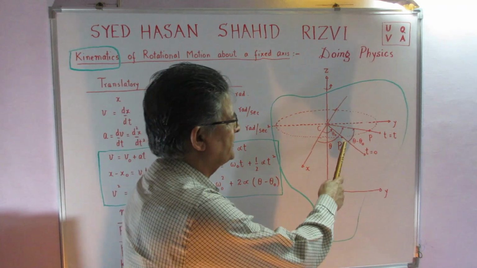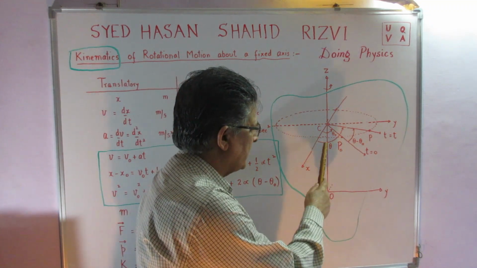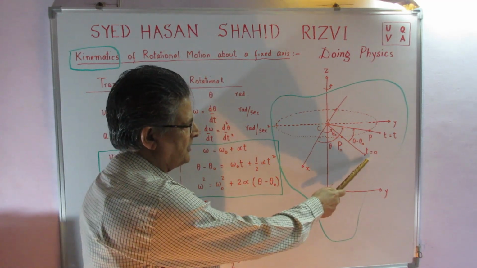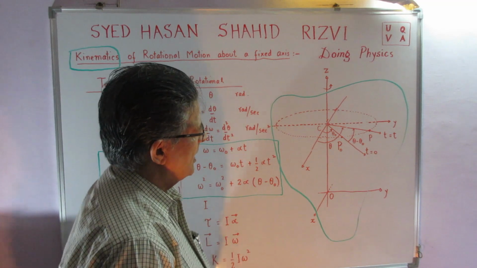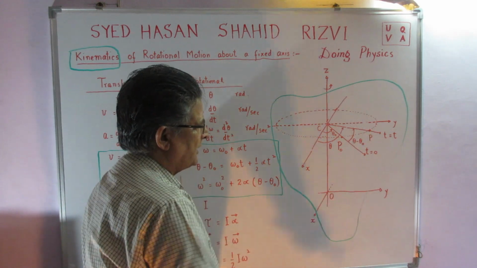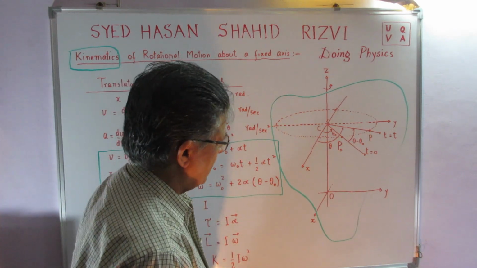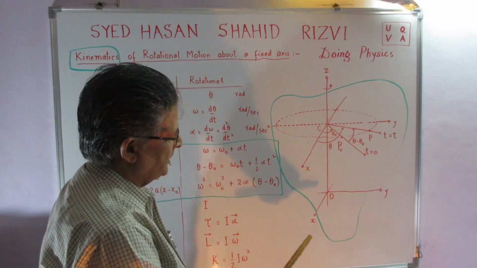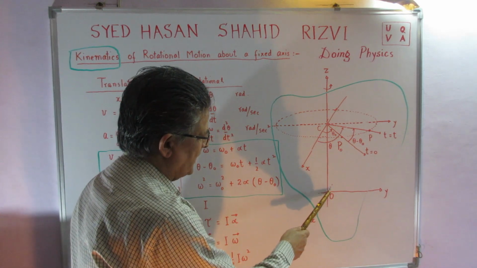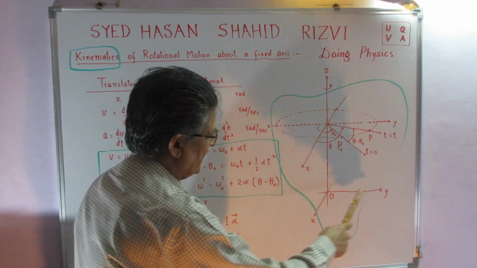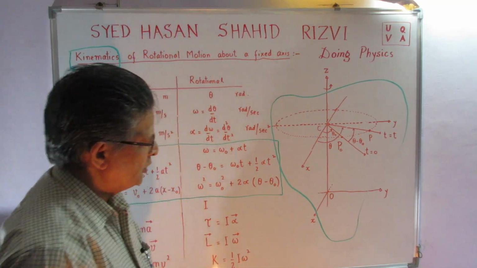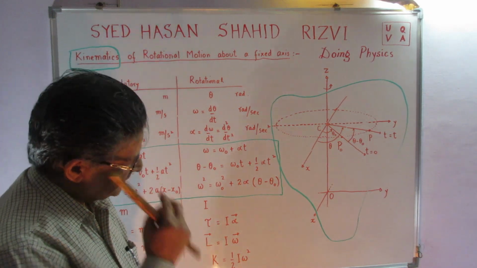At time t, this whole angle becomes equal to theta, so that the angle that has been traversed between t equal to 0 and time t is theta minus theta naught, and the location of the point at that time is at P. We are describing an arbitrarily chosen point, where the x-axis, y-axis and z-axis meet at the point O, which we take as the origin of the coordinates for the system.